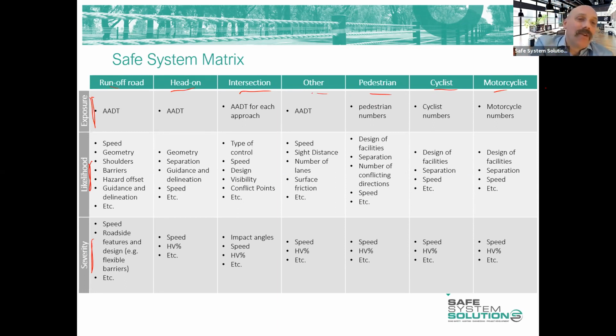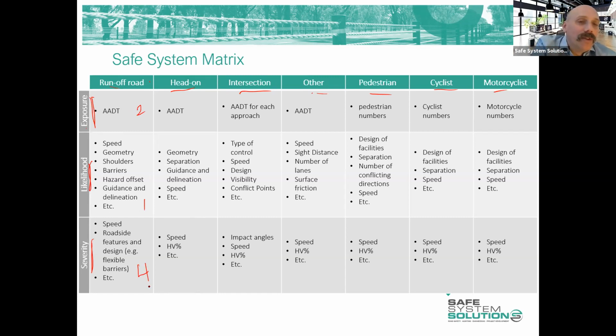And so what you're going to do is say, well, what is the exposure to run-off road crashes? And you're going to put a score in there. You might put a 2. What is the likelihood of run-off road crashes? And you might put a 1. What is the severity of run-off road crashes? And you might put a 4.